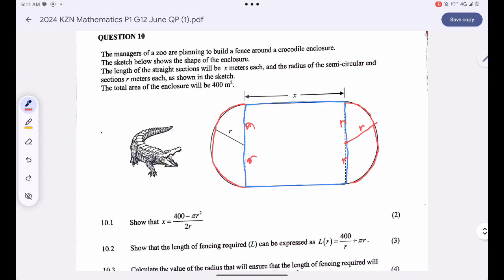So for me to find x, I must simply find the total area of this enclosure. I must find the area A1 of this semicircle, area A2 of the rectangular part, and then area A3 of the other semicircle. Whenever I add these three areas, they must give me 400 square meters. Are we together?